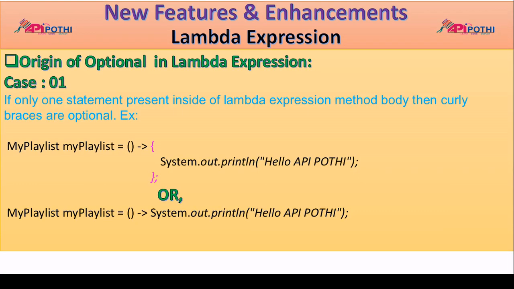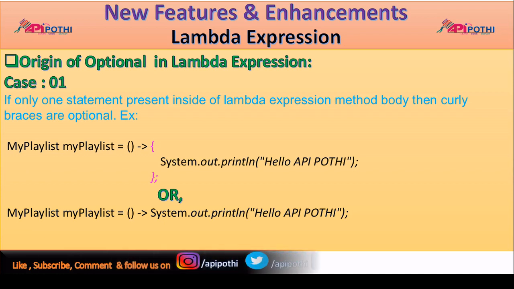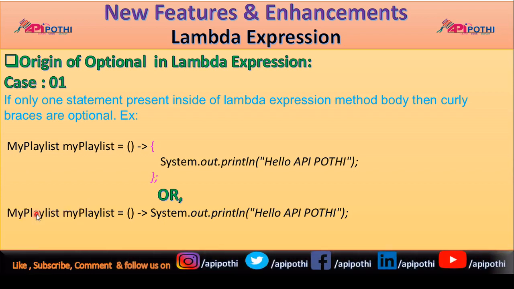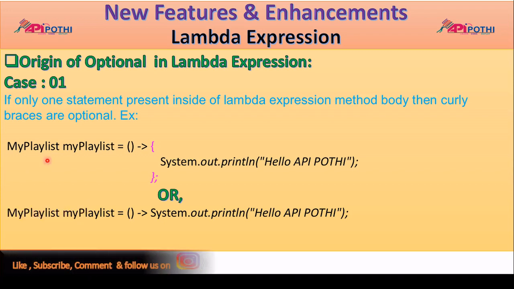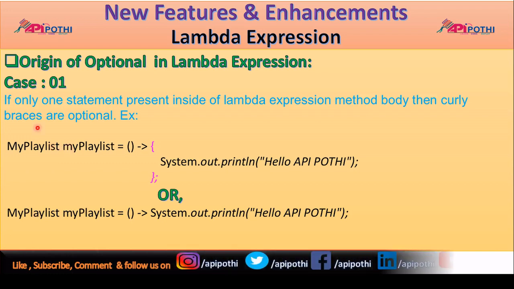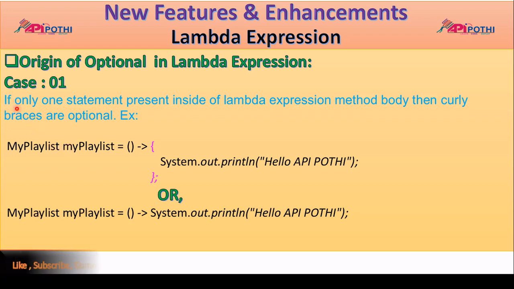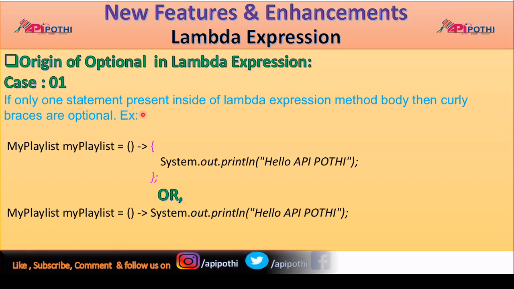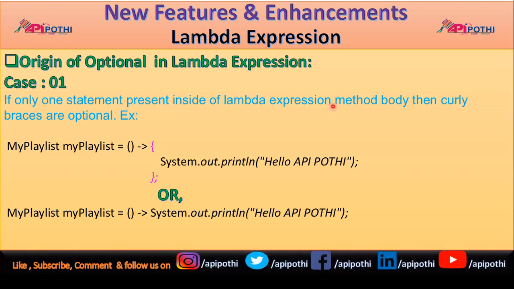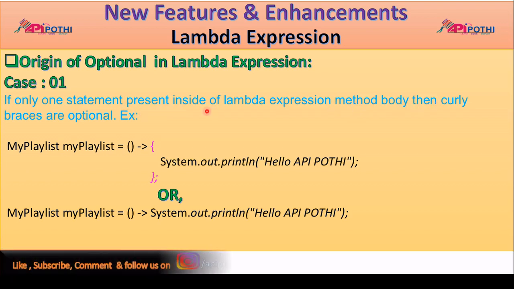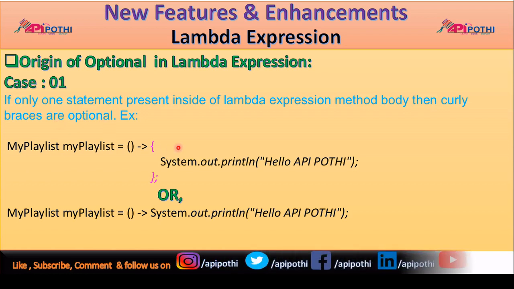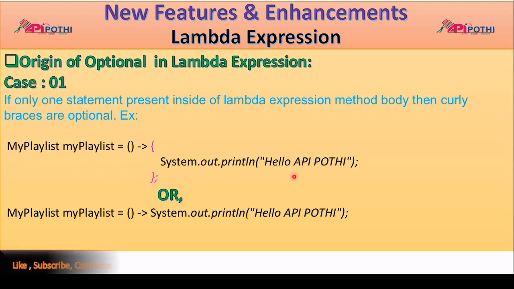Then there are some special cases that we are also going to understand, where we talk about the optional things in a lambda expression, meaning that if you write them that is fine, and if you don't write them that is also perfectly fine. The first optional case: if only one statement is present inside the lambda expression method, then curly braces are optional, meaning that this is a valid lambda expression.